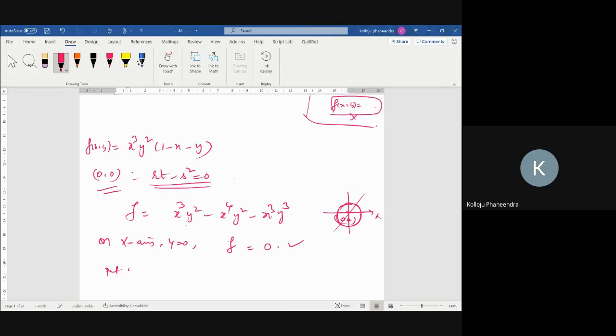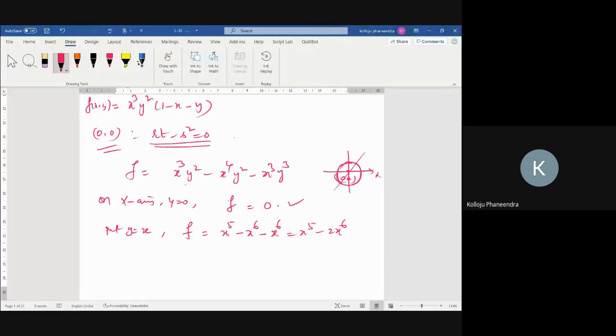If I put y equal to x in this, then f becomes x cube x square, x power 5, minus x power 6 and x power 6, so x power 5 minus 2 x power 6. This is completely in terms of x.